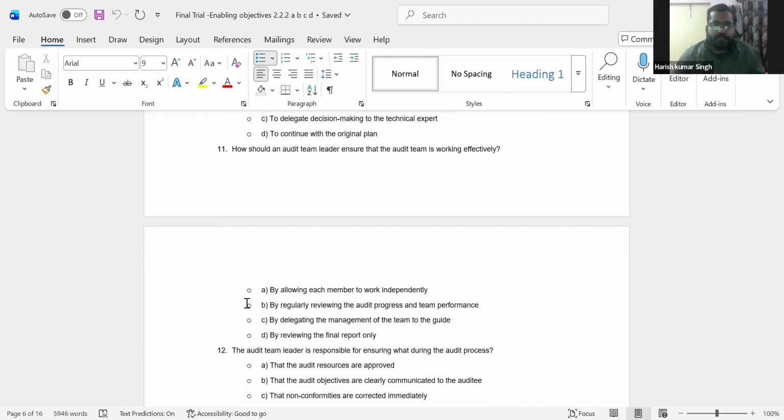11th one. How should an audit team leader ensure that the audit team is working effectively? A. By allowing each member to work independently. B. By regularly reviewing the audit progress and team performance. C. By delegating the management of the team to the guide. D. By reviewing the final report only.